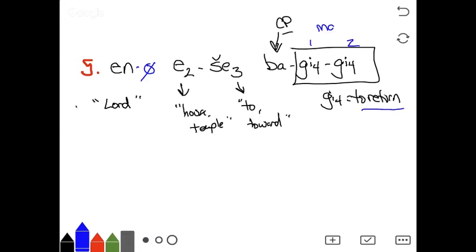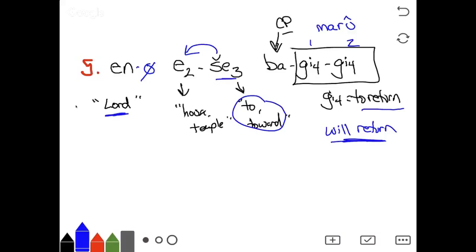So this, we want to start thinking Maru. So will return. Let's try that. The Lord will return to the temple, the house. And there you go.